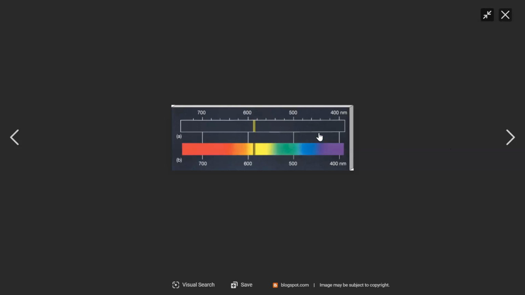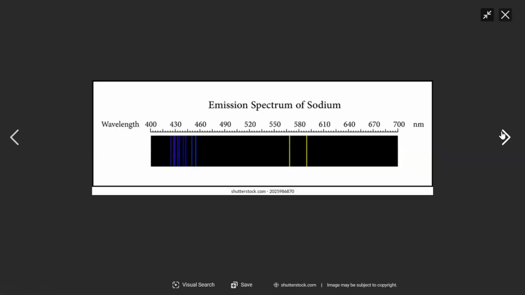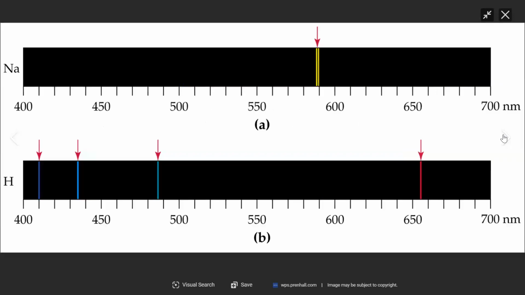Look at this. So this is the emission spectrum of sodium, all dark, and in that you have two yellow lines. The one below is of hydrogen, just ignore that. Look at the top, sodium, in all dark you have two yellow colored lines, and hydrogen I will be taking in detail.